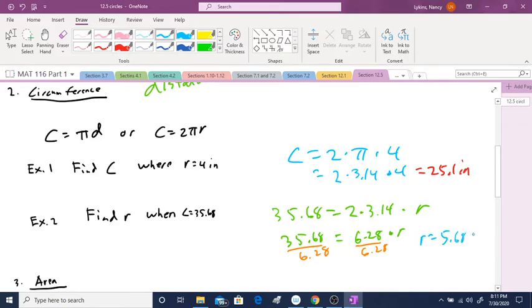Let me look at my calculator. 152. So now in this case, if they ask you to round it to, say, the third decimal, it would be 5.682.